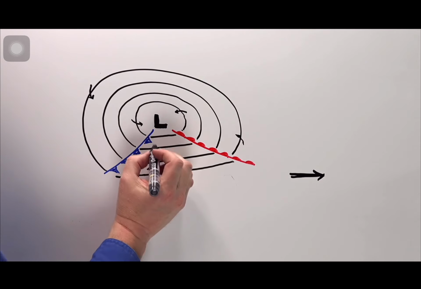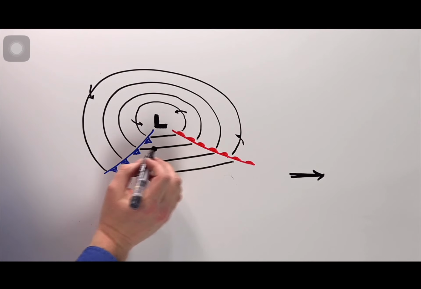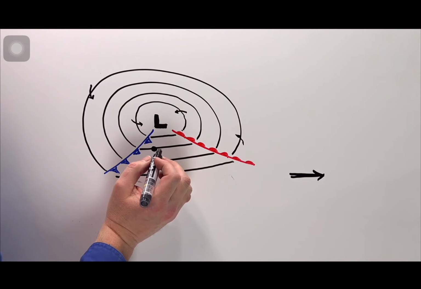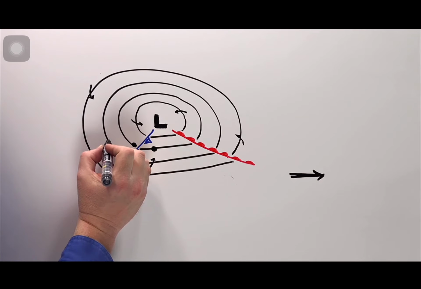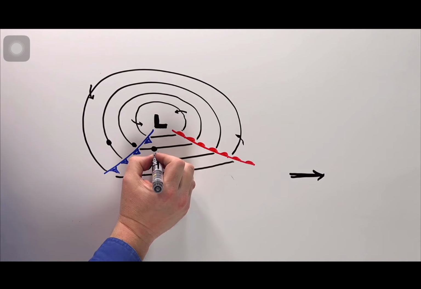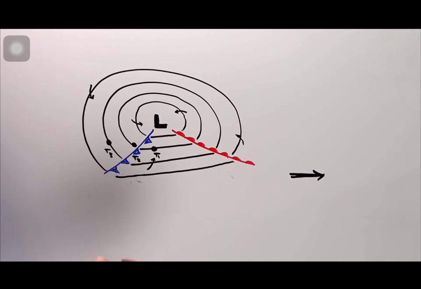It'll be easier to see what's going on. So the low moves in that direction, and we're going to end up with the city here in a little while, and then finally, we'll end up with the city here. So this is position 1, time 1, so T1, time 2, time 3.